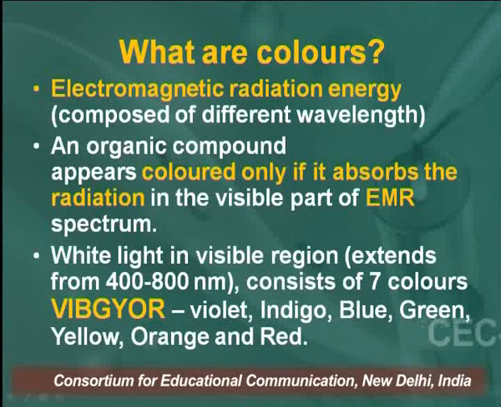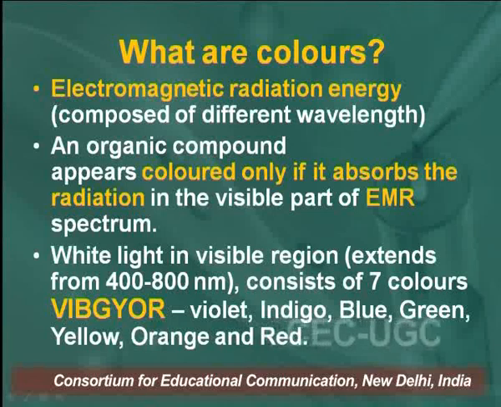An organic compound, because we are talking about dyes here, and dyes are organic compounds, appears colored only if it absorbs radiation energy in the visible part of the EMR, electromagnetic radiation, spectrum, right.